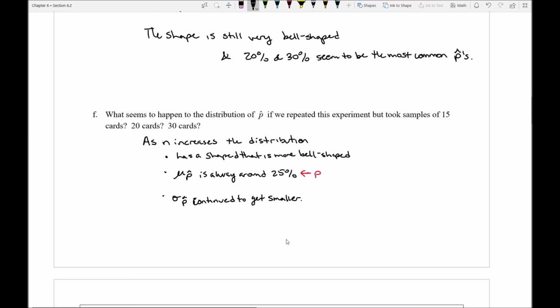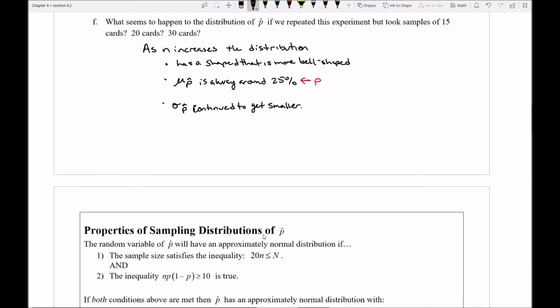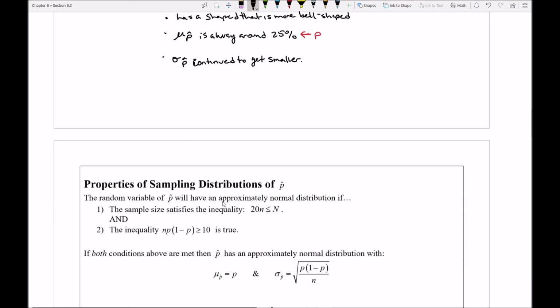And actually, these are properties that we can summarize in the sampling distribution of p-hat. So if p-hat is a random variable, what shape does it form? Well, we can see that as I start to make my sample larger and larger, I get an approximately normal distribution. However, I can say that it'll be close enough to normal, for all practical purposes it will be normal, if I can satisfy these two conditions.